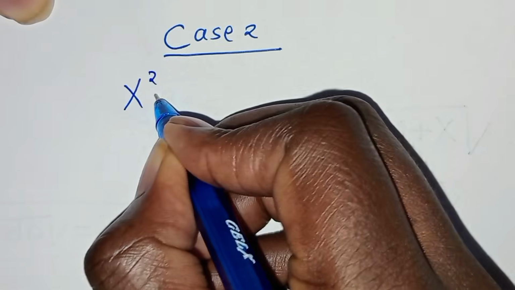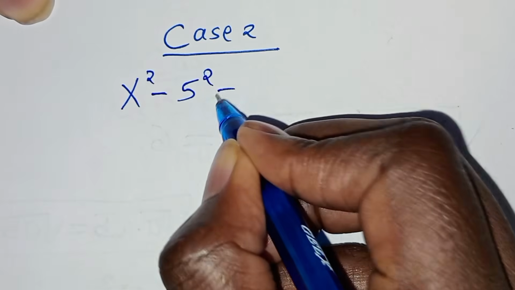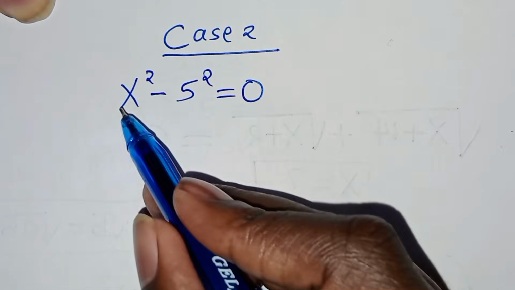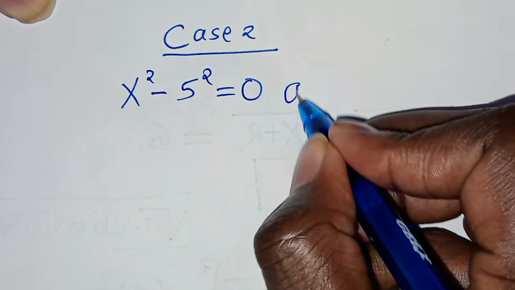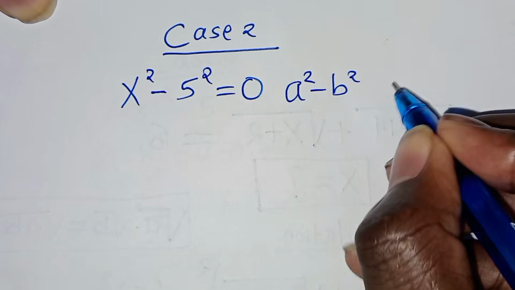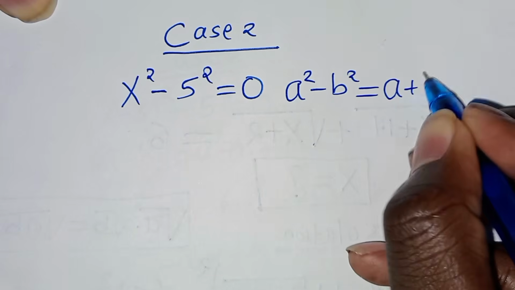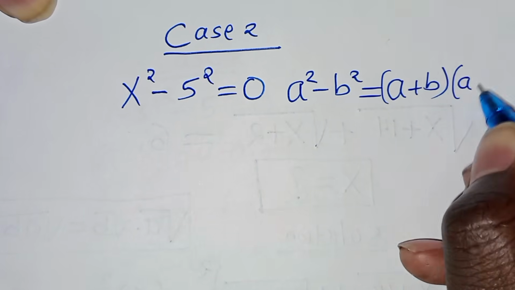Now, in case 2, we have x squared minus 5 squared equal to 0. This equation is in the form of a squared minus b squared, which we can express as a plus b, a minus b.